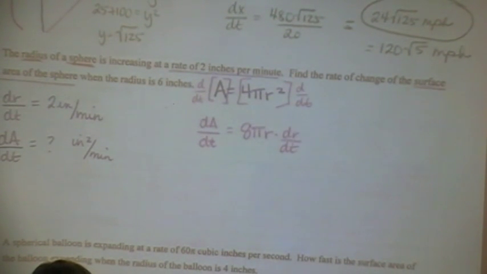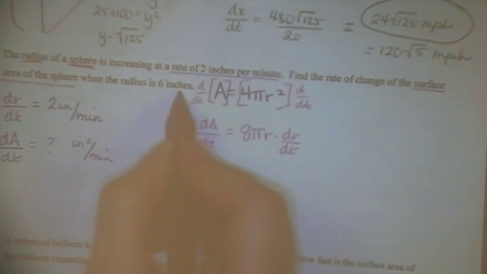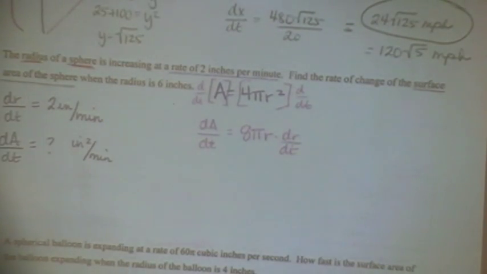Does that make sense? Okay, now all I have to do is plug in the things that I've been given because I know dr dt, and in the problem they gave me the instantaneous radius as 6. So I'm just going to plug in.